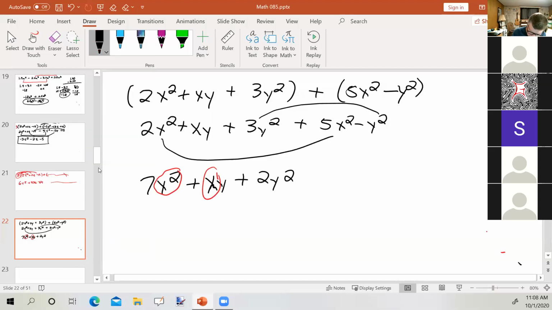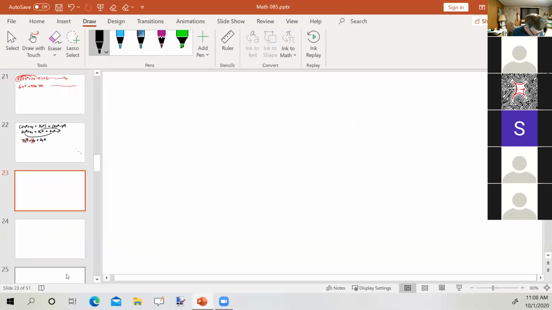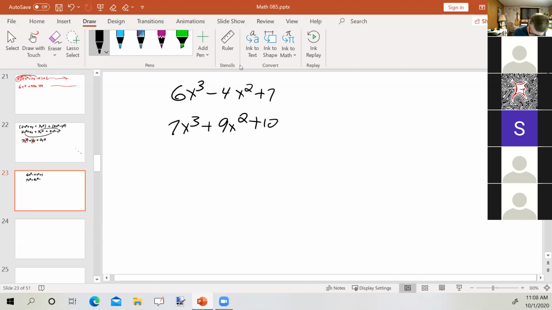All right. Now, we're going to add two polynomials in a vertical format instead of a horizontal format. 6x cubed minus 4x squared plus 7, and 7x cubed plus 9x squared plus 12.